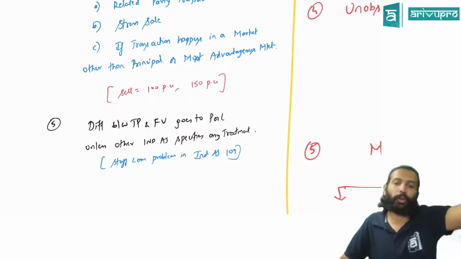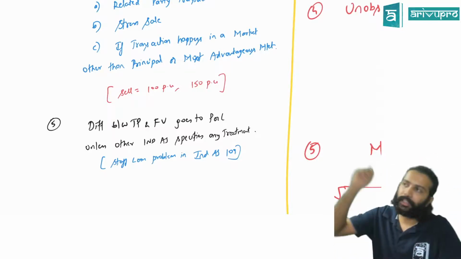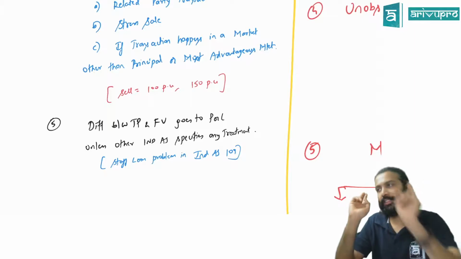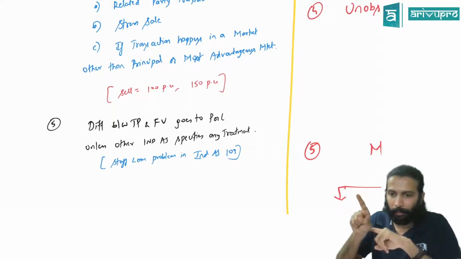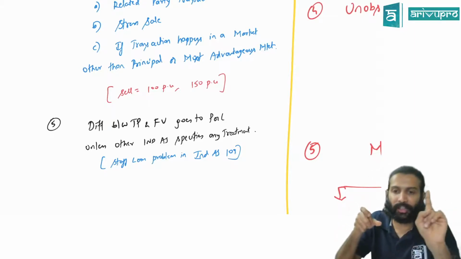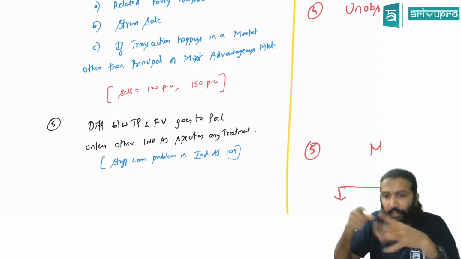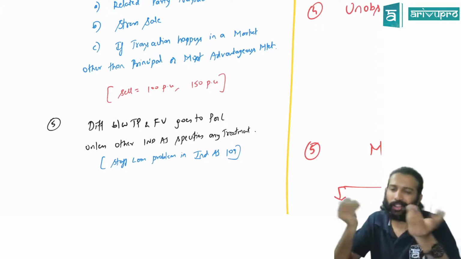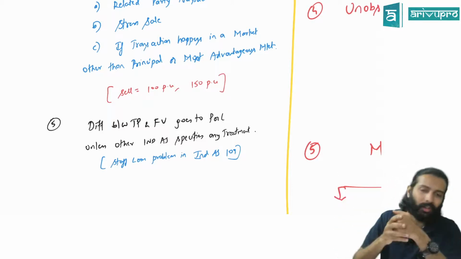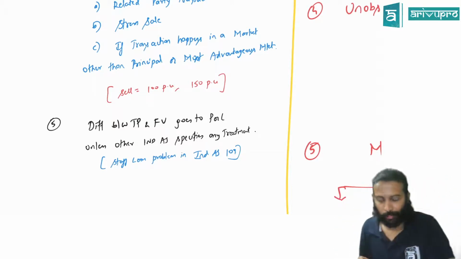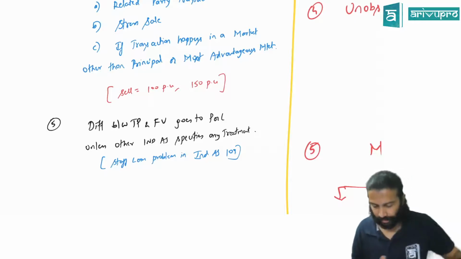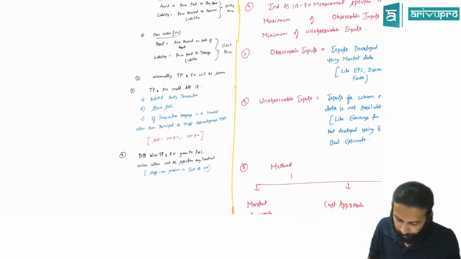The difference you transfer to P&L, unless another standard gives a specific treatment. Like Ind AS 109 says, don't transfer the difference to P&L, amortize it, correct? Then you have to amortize it to P&L over that duration, whatever the standard is specifying. Actually, this has one more point. I'll discuss that. Okay with this so far?